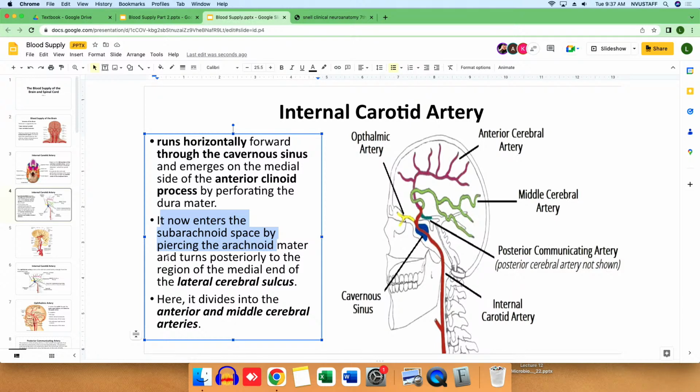It pierces the arachnoid meatus and turns posteriorly to the region of the medial end of the lateral cerebral sulcus. So it turns back, like that, and only then makes the branching. That's very well seen here. It turns back and then subdivides into the anterior and the medial cerebral arteries, which represent the biggest branches of that artery.